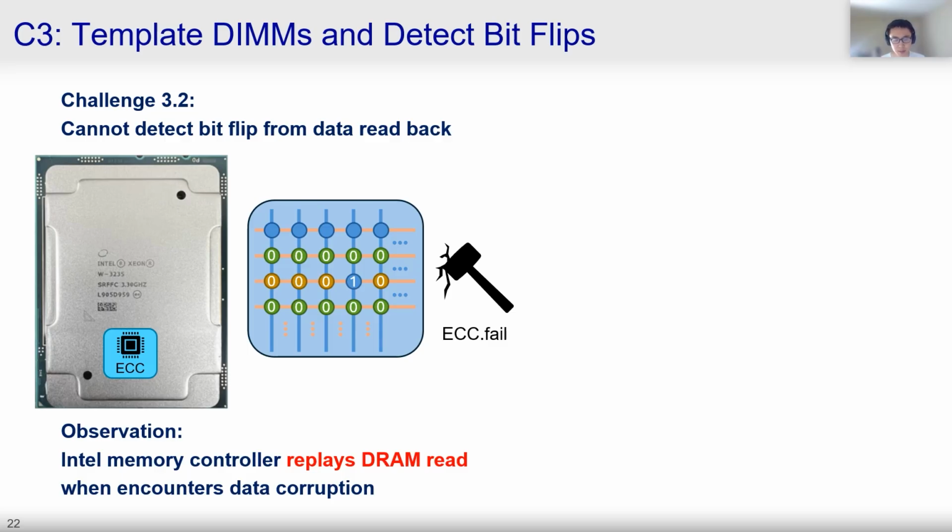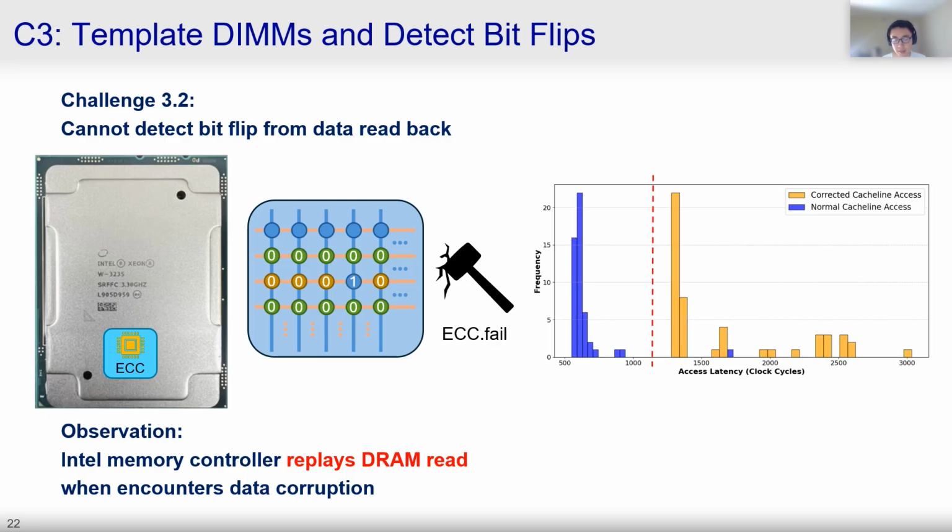This means that if the CPU sees the bit flip, before ECC corrects it, it will retry the read from the same location several more times to confirm the bit flip is actually present. If it is, it will correct it and read the data back. That will make the access latency to the cache line with bit flips much longer than the access latency to the cache line without.